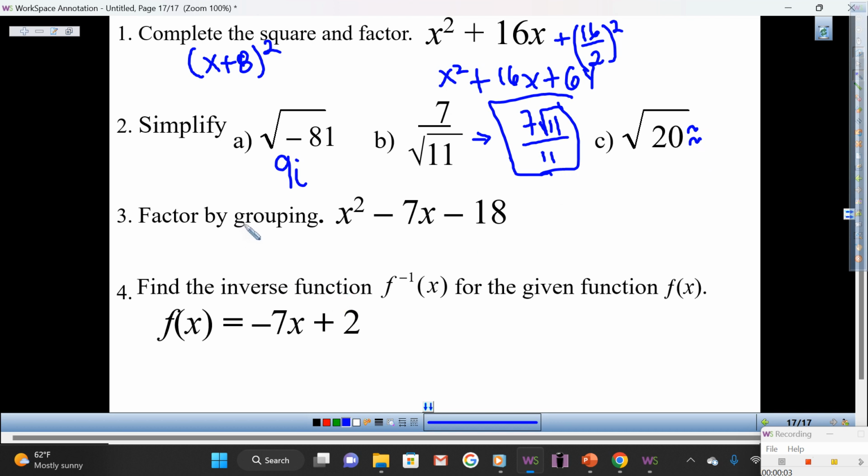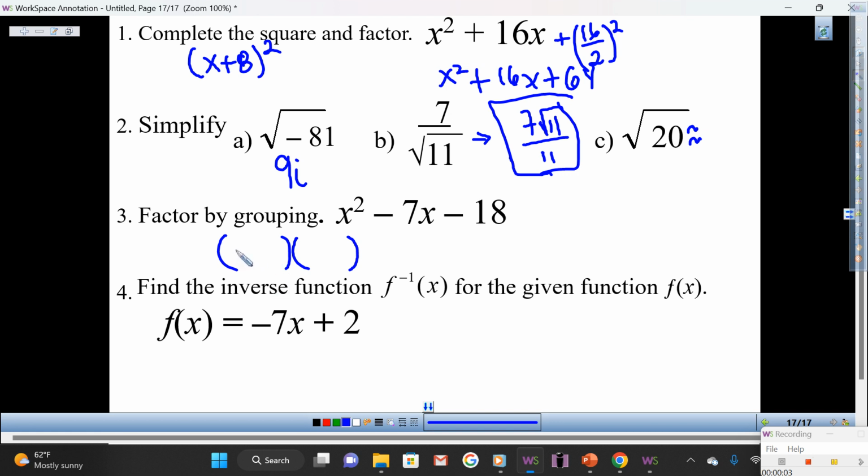Number 3. Tell your neighbor before I pick Valente. Number 3, factors for number 3. All right, factors.